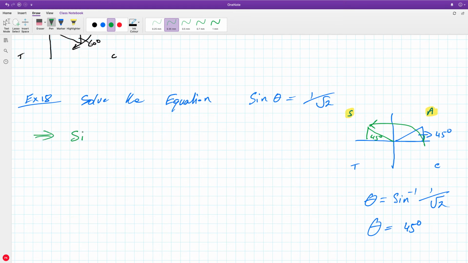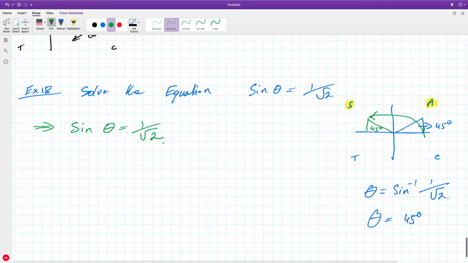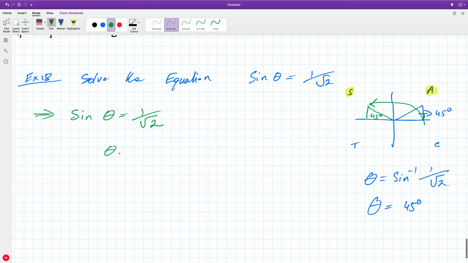Therefore, the sine of theta is equal to 1 over root 2. Theta is equal to 45 degrees or 135 degrees. There are your 2 answers.